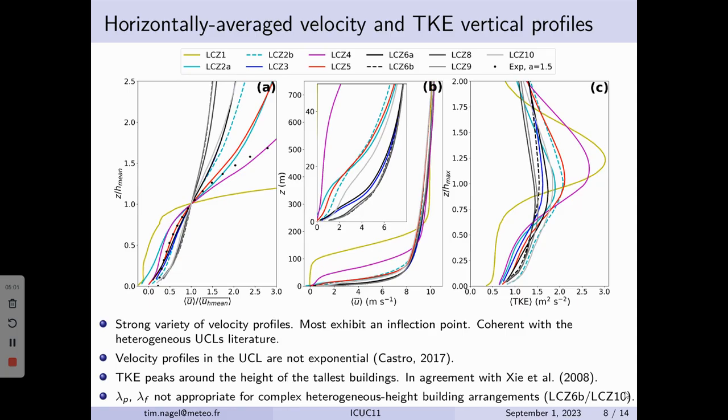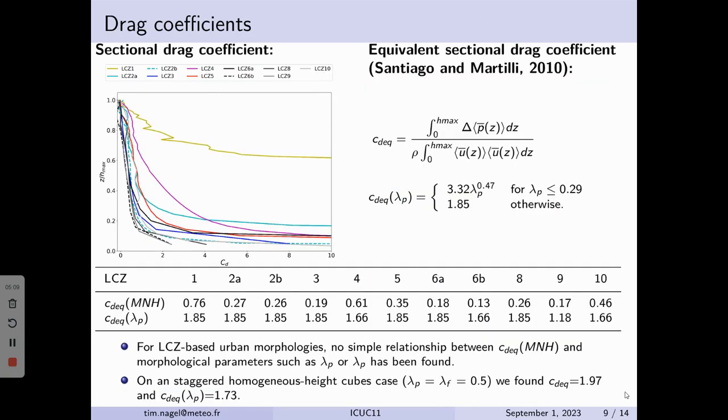This is actually an issue because parametrizations will often assume that you can describe the characteristics based on these parameters. The sectional drag coefficient is relatively close to 0.4, which is the commonly used value in many studies, except for LCZ 4 and 1 with the high-rise buildings, where it's larger.